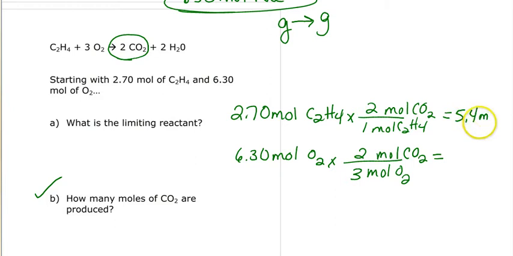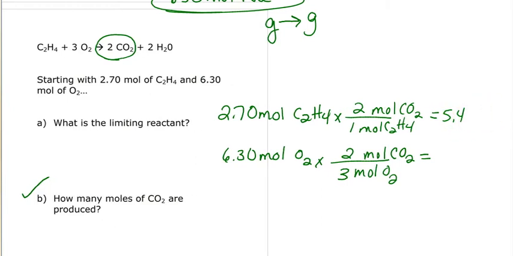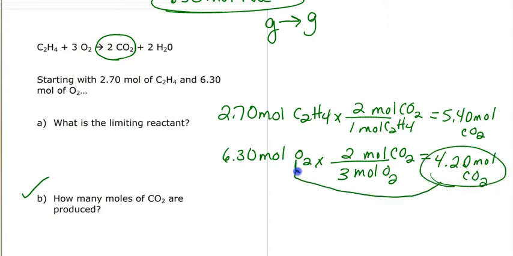Ooh, I should watch my sig figs on that. Make that 5.40 moles of CO2. And this would be 4.20 moles of CO2. So comparing those two, which one is smaller? This one, right? So that means when we use this much oxygen, we'll only make 4.20 moles of CO2, right? So this here means that oxygen is limiting. So I'm limited by the amount of oxygen that I have.